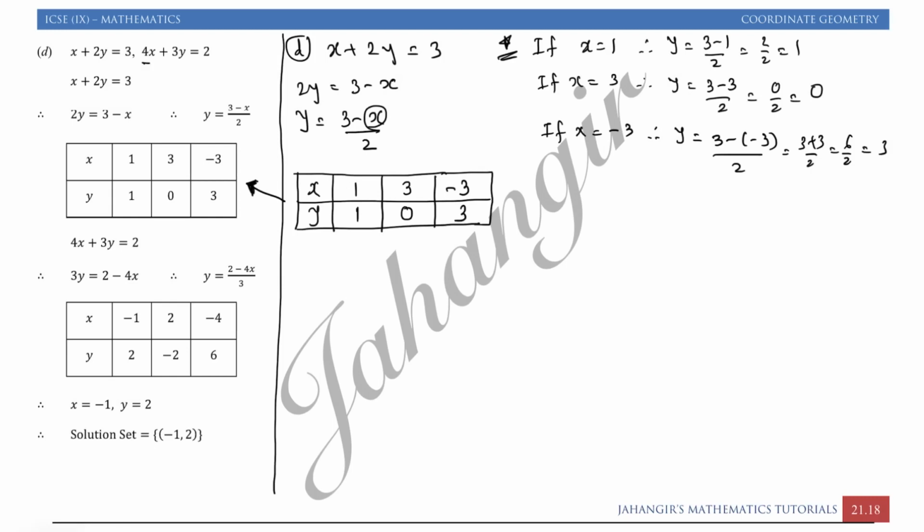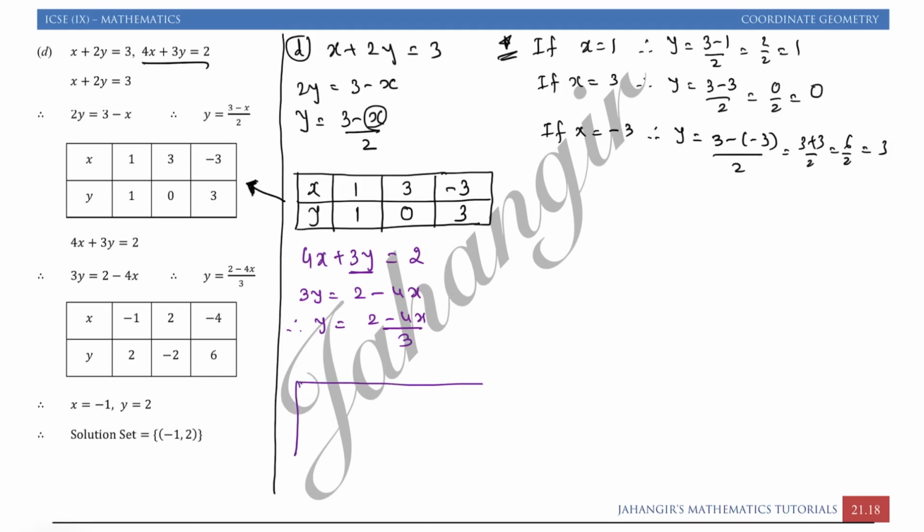Now the second equation is 4x plus 3y is equal to 2. So we will make y the subject of the formula. So 3y is equal to 2 minus 4x. Therefore y is equal to (2 minus 4x) upon 3.